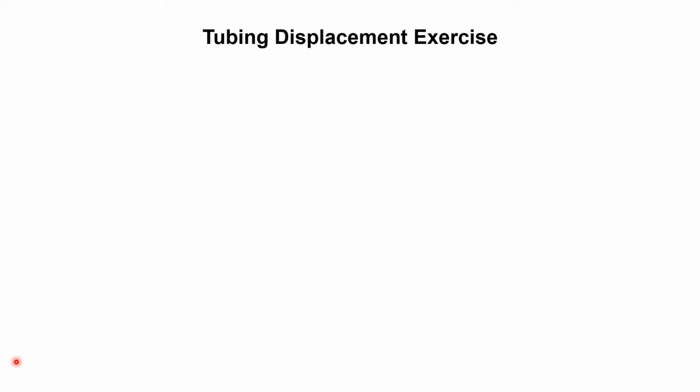So in this tutorial, we will start solving a problem related to tubing displacement with nitrogen, and we will calculate nitrogen volume factor. And in the next tutorial, we will complete this exercise and see how to calculate tubing displacement volume of the nitrogen.